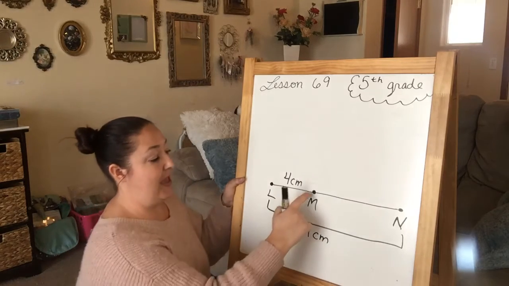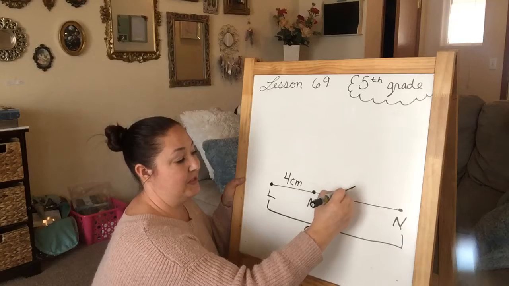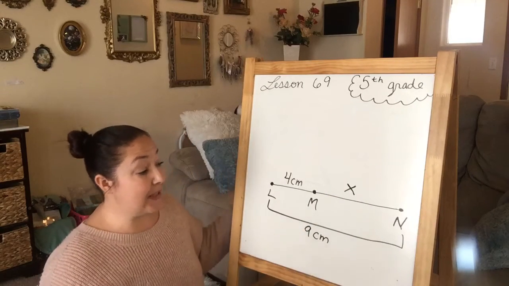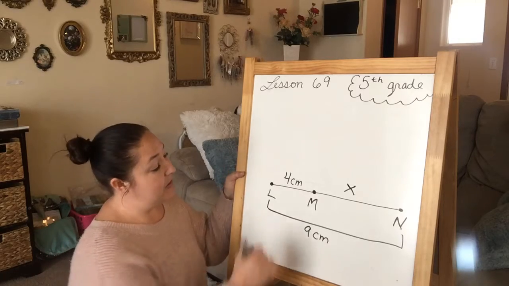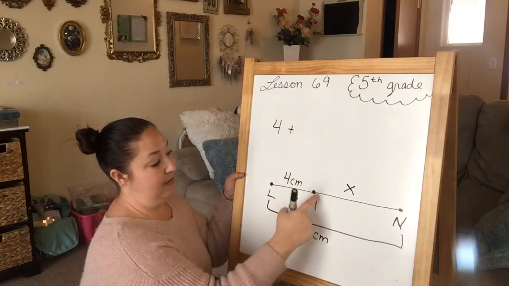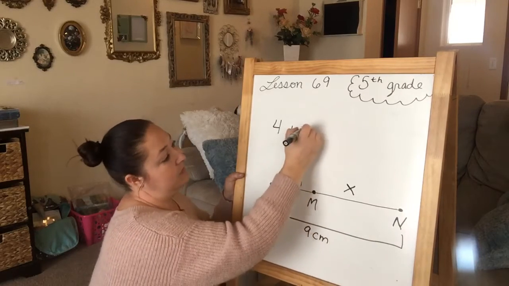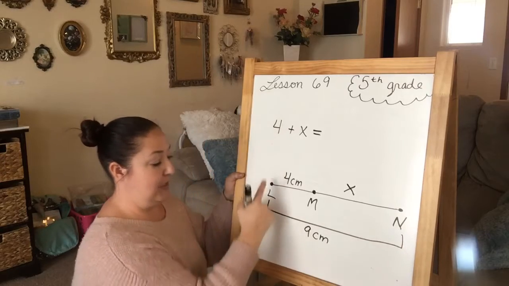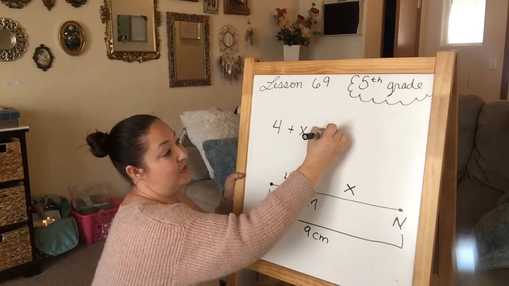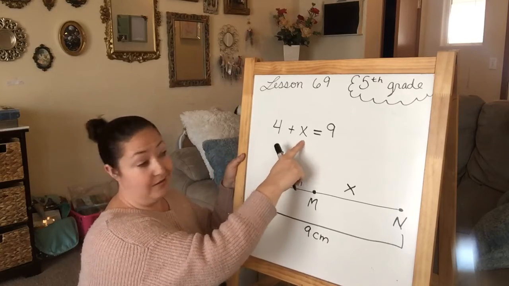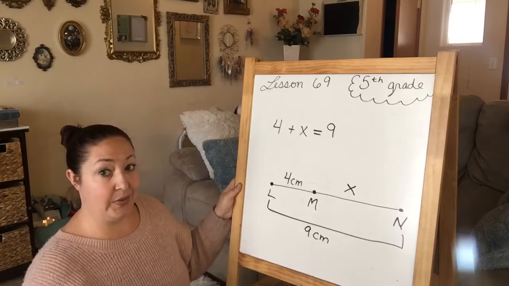What is the length of MN? So we don't know what this is. I'm just going to put an X. It's my favorite letter. It's a missing letter problem. So 4 plus this, which we don't know, we'll say X, equals the whole thing, equals 9. So 4 plus what equals 9? Can you count up?